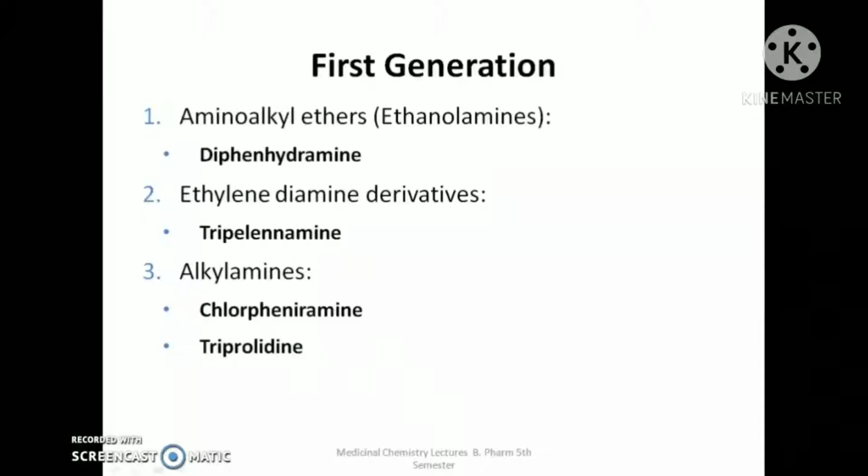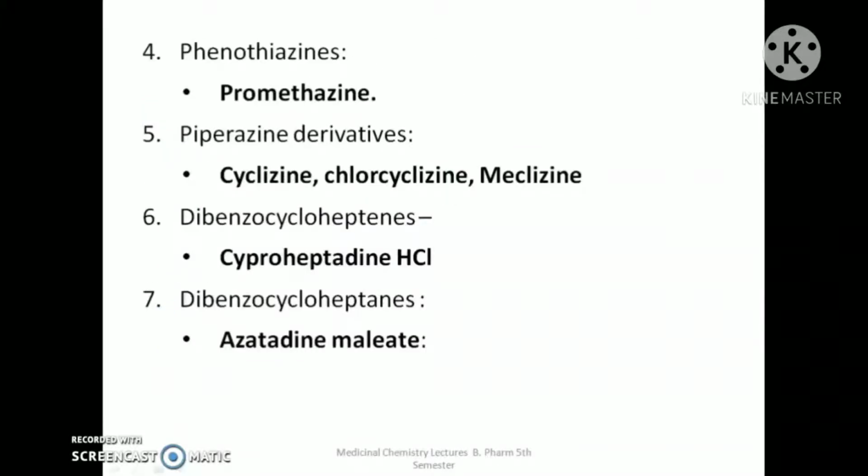Example is diphenhydramine. Then the second one is the ethylenediamine derivative. Example is tripelennamine. Third one, alkylamine derivatives. They can again be classified into two types: saturated analogues, example is chlorpheniramine, and unsaturated analogues, triprolidine. And then the phenothiazine derivatives, example is promethazine.